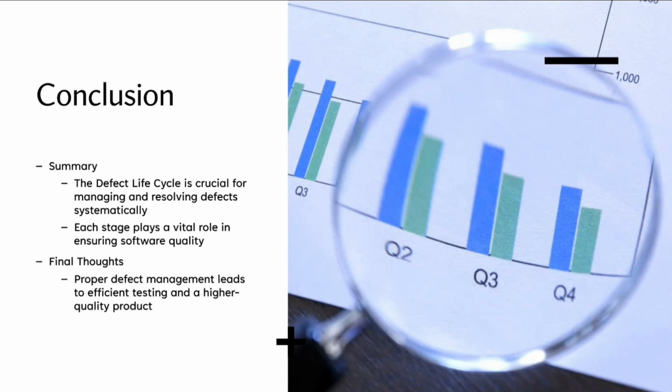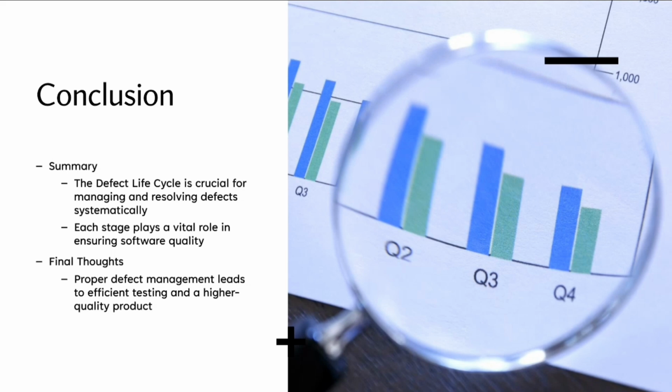Now let's talk about the conclusion. The defect lifecycle is a crucial process for managing software, and from a tester's point of view, each and every stage plays a vital role, because if we miss any stage, then we cannot ensure that our software is good quality.